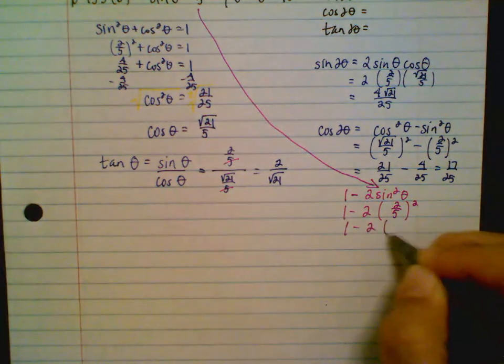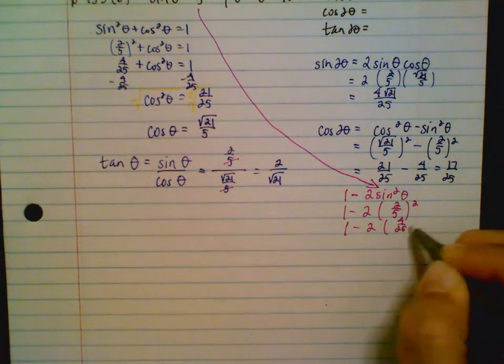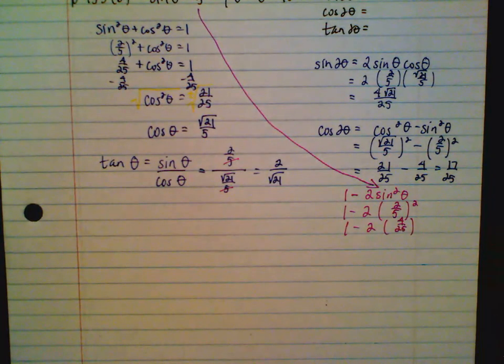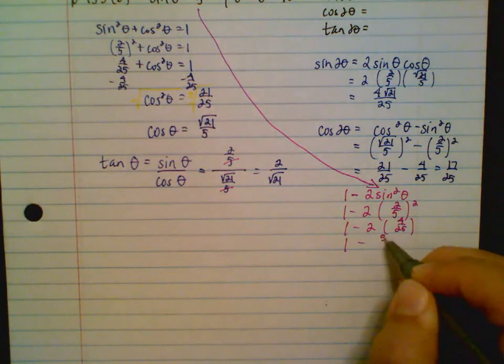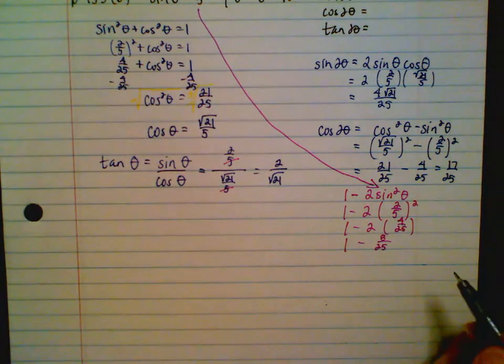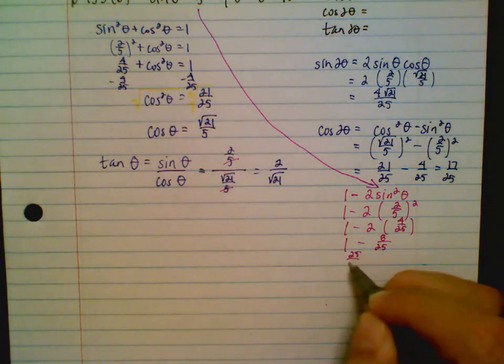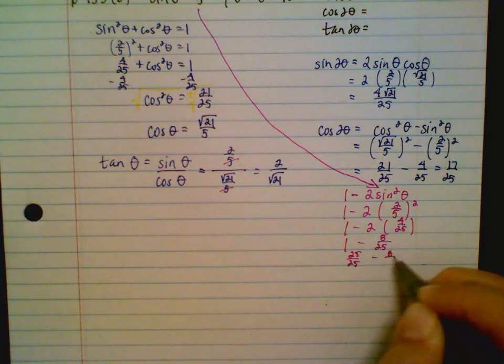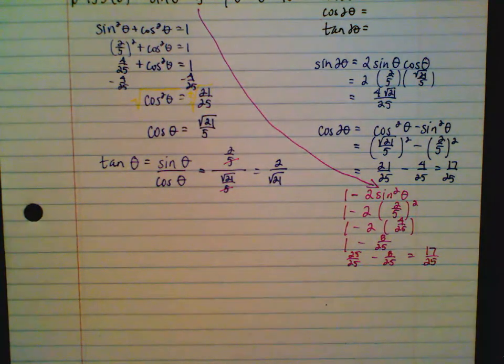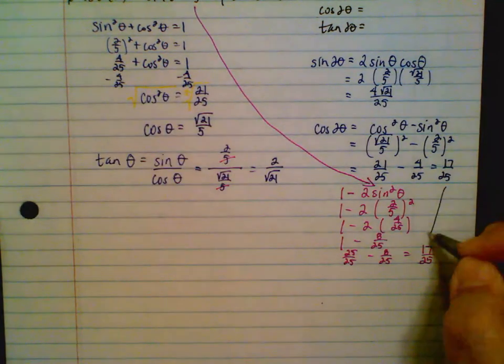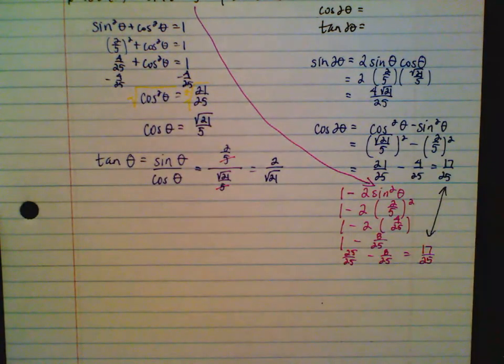This is 1 minus 2 times 4/25, which is 1 minus, let's see, 2 times 4 is 8/25. And I'm going to humor y'all. 25/25 minus 8/25 is, oh my goodness, 7/25. Matchy matchy. So regardless of the formula I use, I'm going to get the same answer.